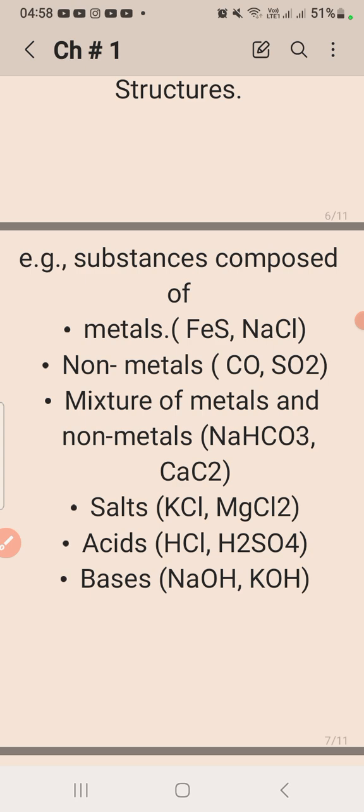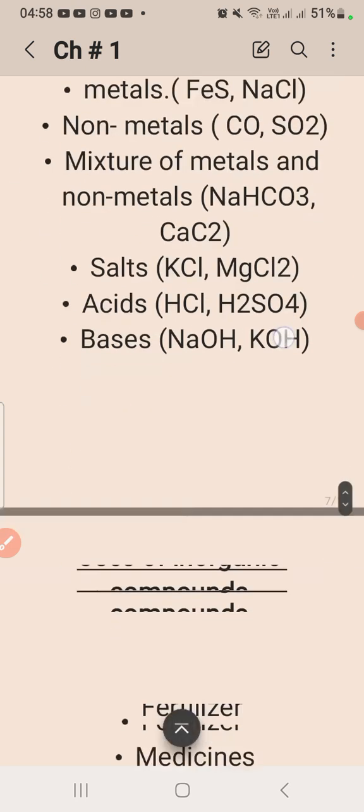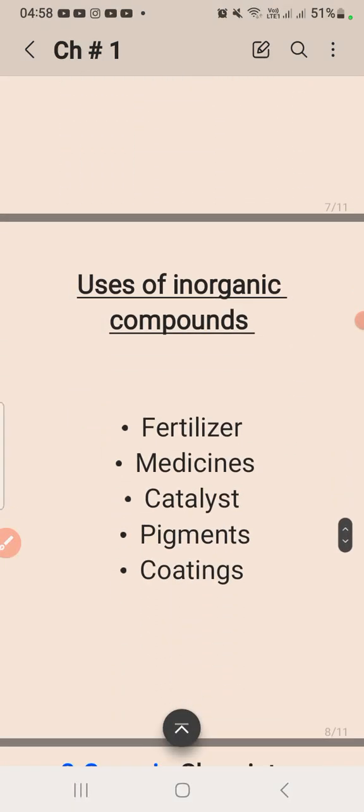Why is the branch of inorganic chemistry important for us? Because it gives us fertilizers. Fertilizers are the chemicals that are used for enhancing the growth of plants and crops. Medicines that you people use, catalysts that speed up chemical reactions, they are also inorganic compounds.